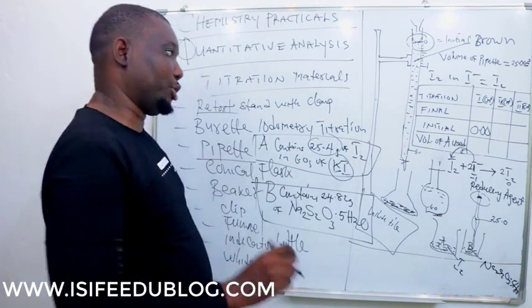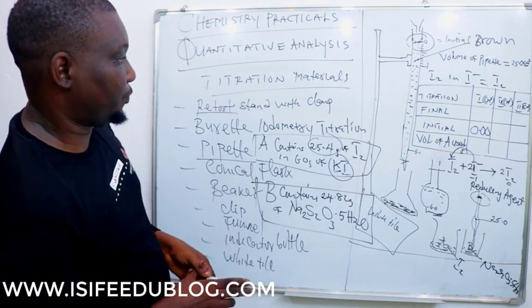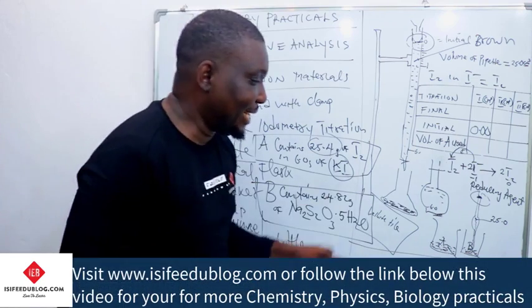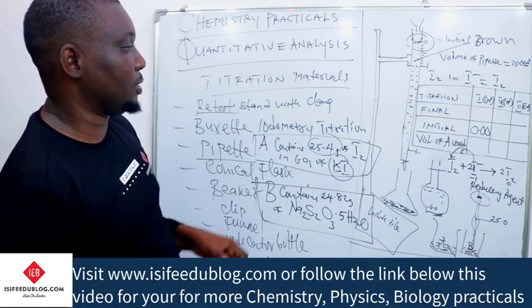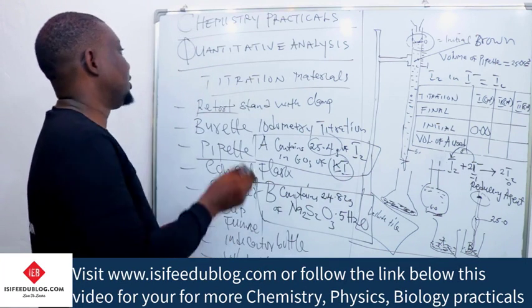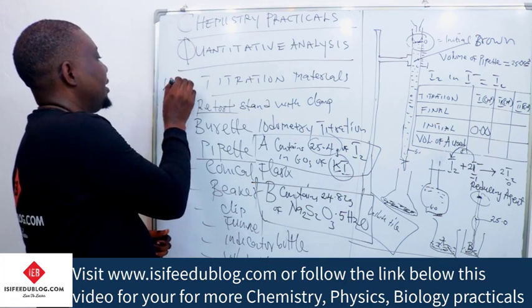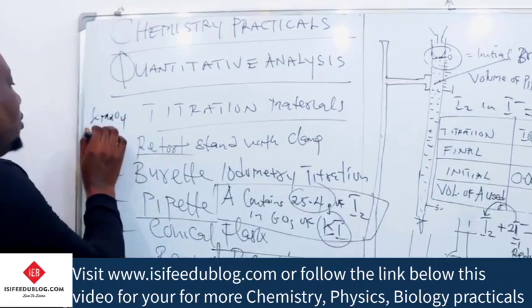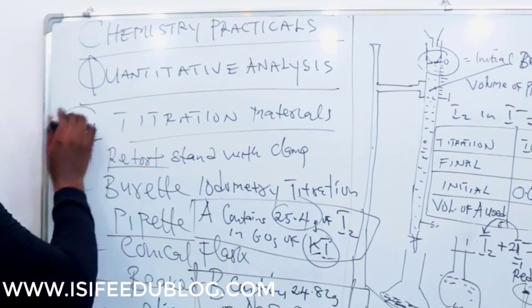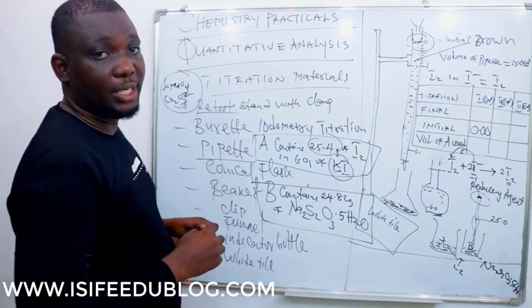In this titration, it is quite different from your normal acid-base titration in terms of the indicator. In most redox titrations involving a reducing agent like KMnO4, most times these reducing agents and oxidizing agents are self-indicators.